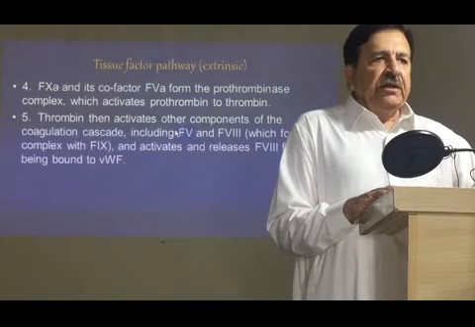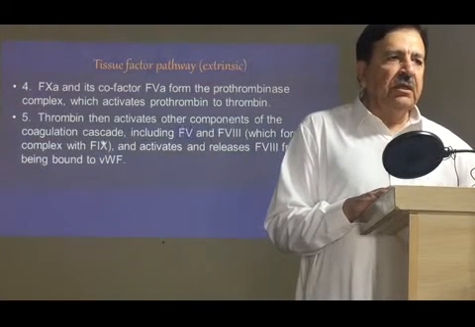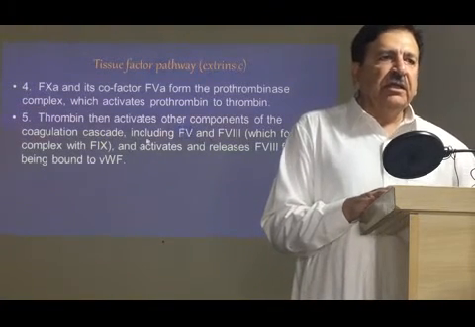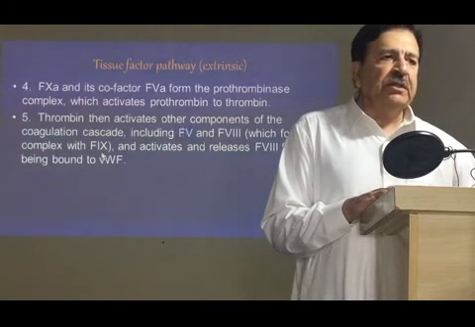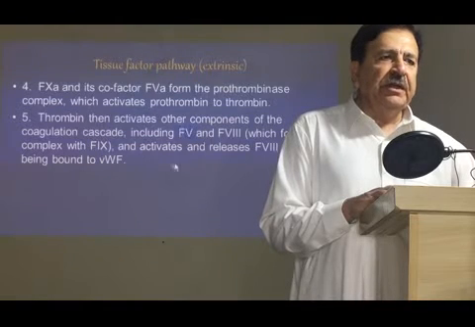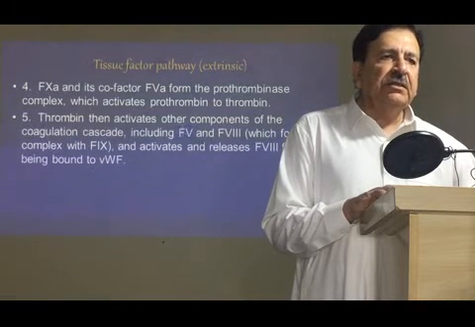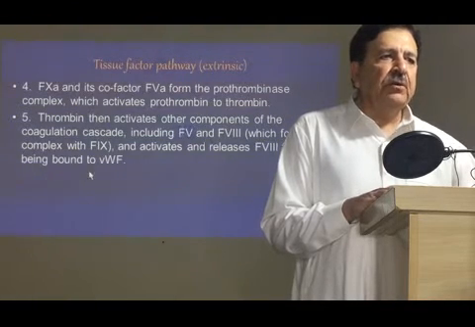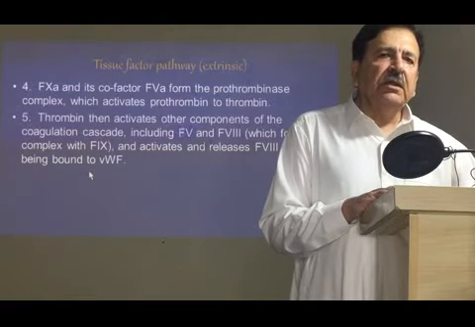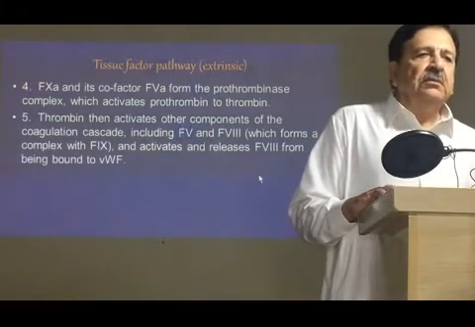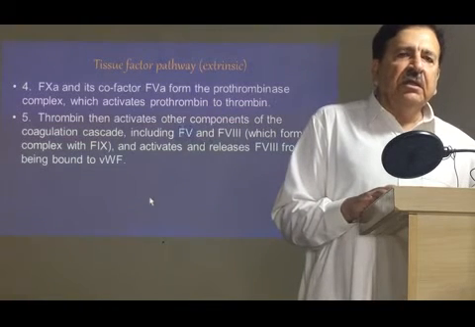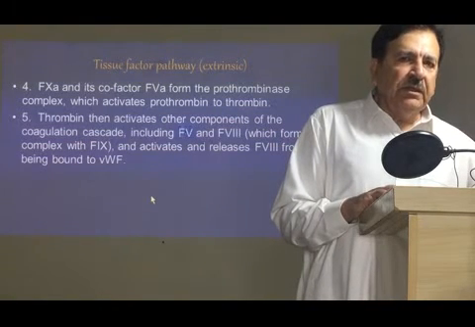Thrombin then activates other components of the coagulation cascade, including factor 5 and factor 8, which forms a complex with factor 11 and activates and releases factor 8 from being bound to von Willebrand factor.